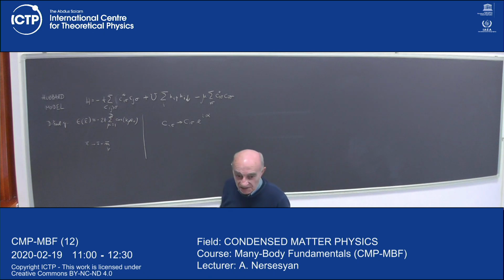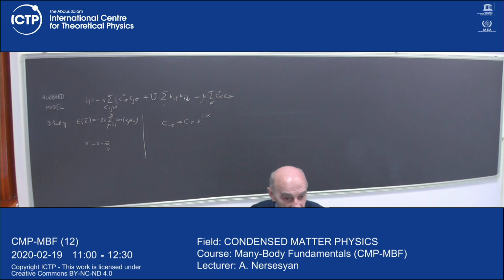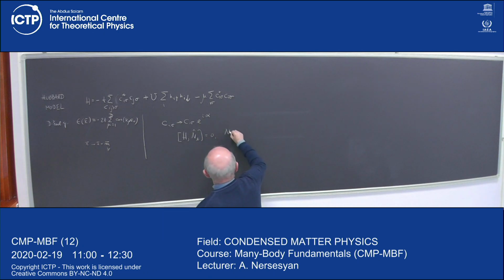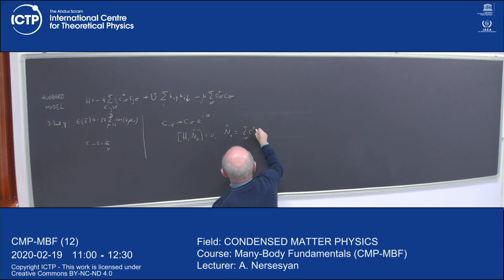The Hamiltonian remains invariant. This actually means that the Hamiltonian commutes with the total particle number. And the total particle number operator is just precisely what is written here. The total particle number is a good quantum number. It's conserved. There's nothing dramatic and special about it.